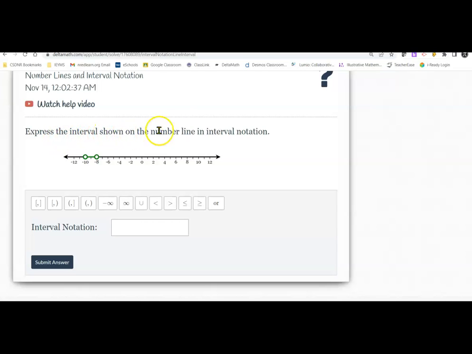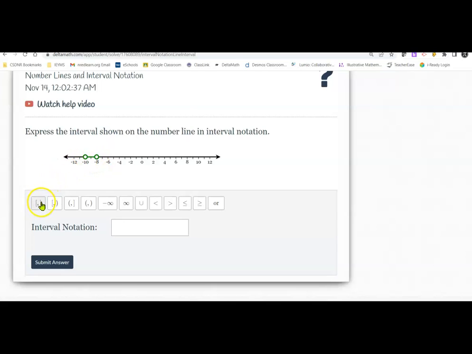Express the interval shown on the number line using interval notation. So now we need to look at our lowest number and our highest number. And what we want to do is look at their circles. If they are open, like these are, meaning they are not filled in, then you need parentheses. So our lowest number needs a parentheses, and our highest number needs a parentheses.